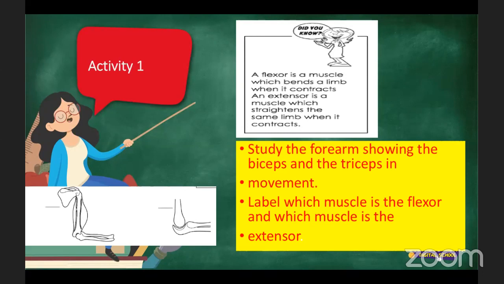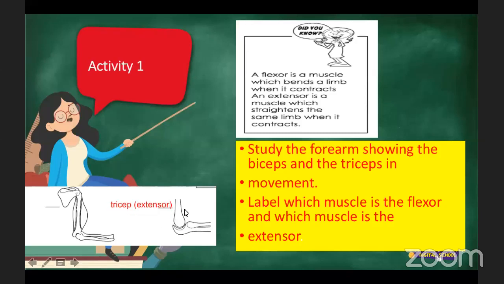Okay, Nelza, tell me which one is an extender, which one is a flexor, because we've got 2 pictures here. Hey, Gabriel. Ethan, okay. Okay, thank you so much for your answers.